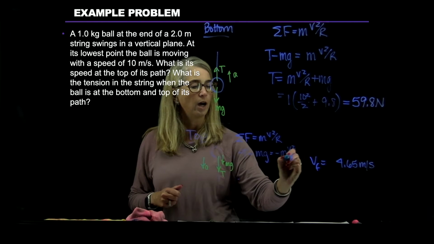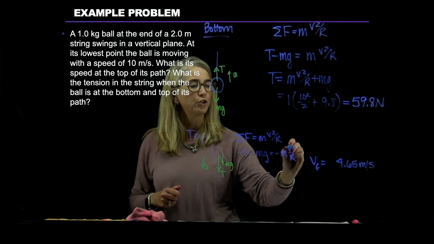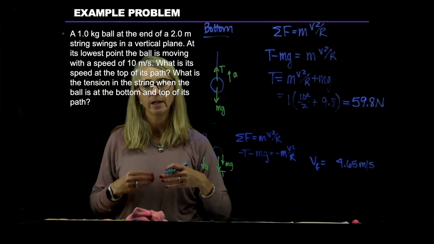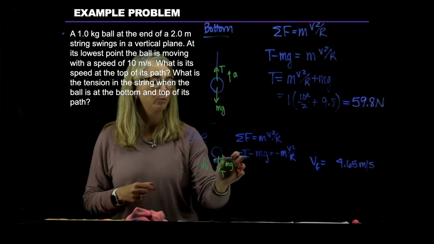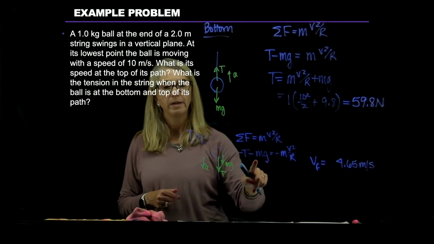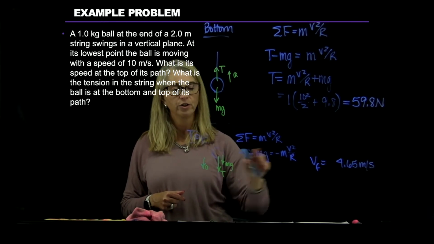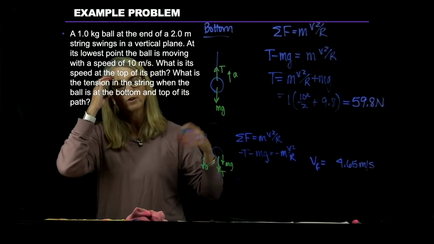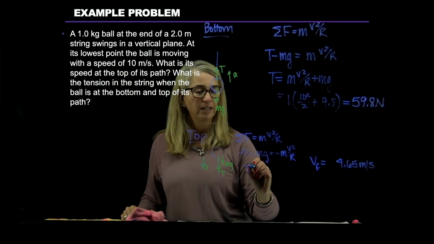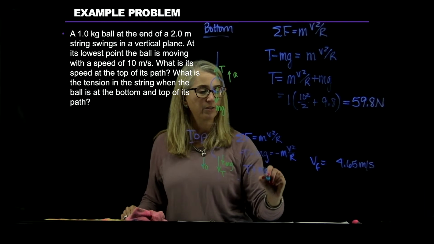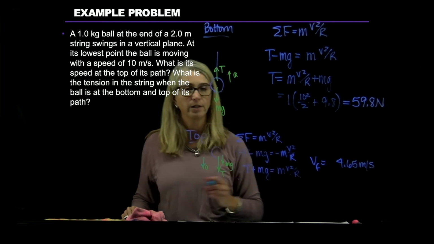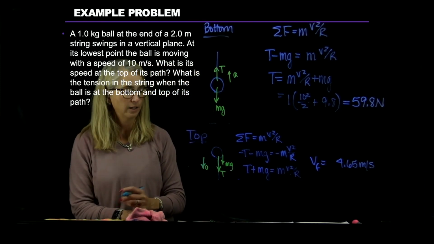And so I'm also using a more traditional sign convention where down is negative and up is positive. So both my tension and my gravity are forces that act downward, and so I'm making them negative. My acceleration is also downward, so I make that negative as well. You can see I got a lot of negative signs. I'm not a big fan of a situation like that. I can just multiply the whole thing through by a -1 and just make everything positive.